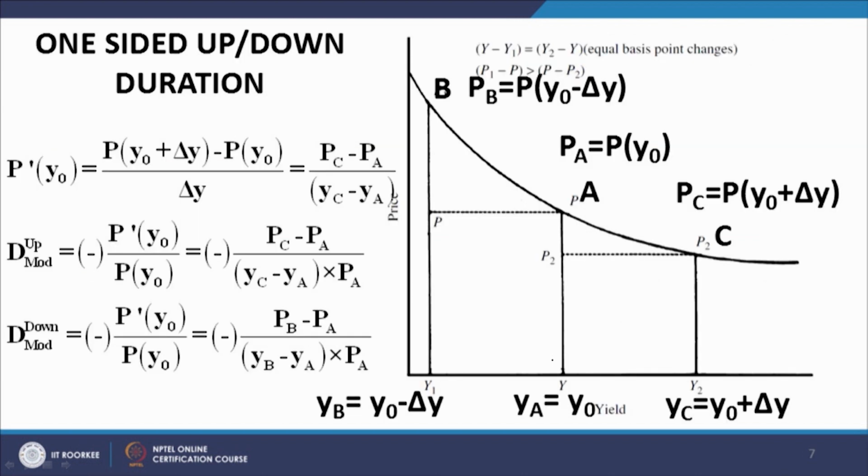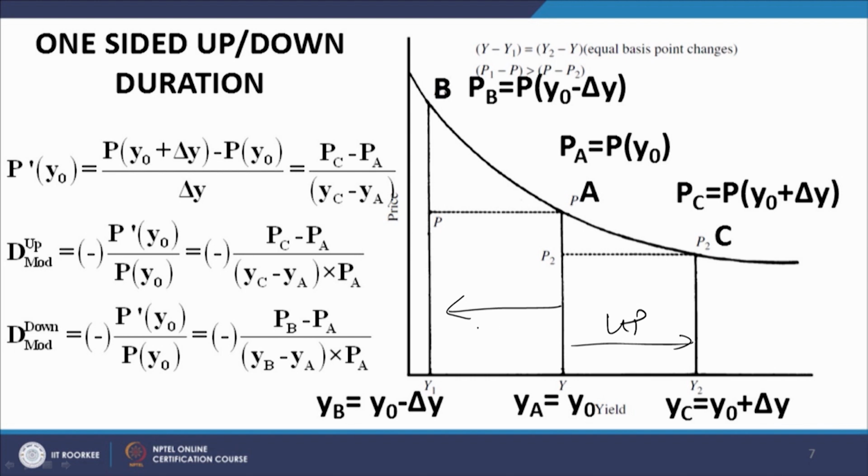So, this is how one-sided up or down duration will be calculated. If you look at the procedure, it is pretty much similar to what we did for the effective or the modified duration. The difference is that in this case we consider only one-sided movement of the YTM. For example, while calculating the down duration, we are only considering this movement, and when we are considering the up duration, we are considering this movement.